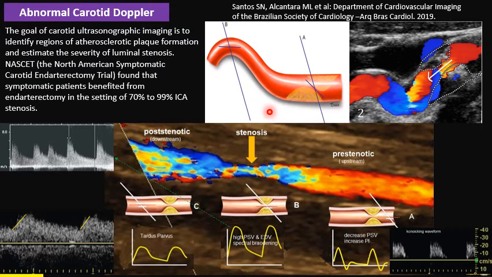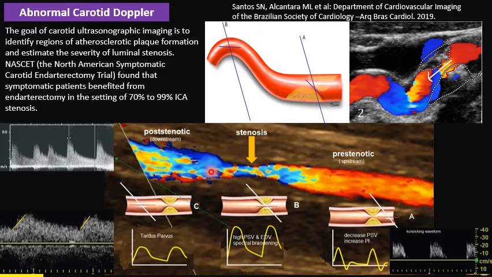For practical purposes, we can divide the spectral Doppler in carotid stenosis into different regions: intrastenosis level or at stenosis, prestenotic or proximal to the stenosis, sometimes called upstream, and poststenotic region or downstream level.